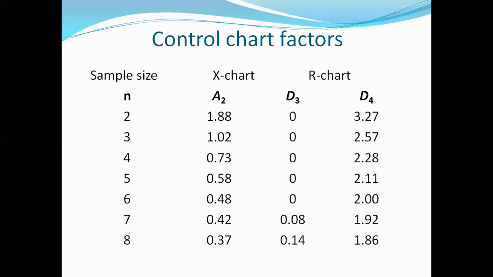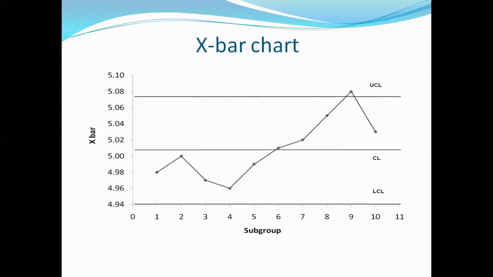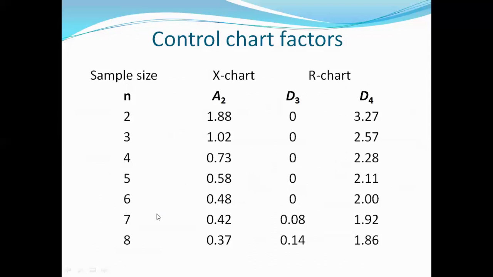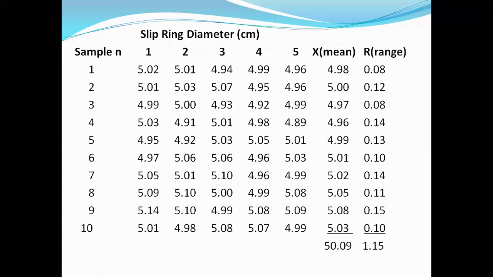Now we generally go for the plotting of the X bar chart. How do you plot the X bar chart? Here on the Y axis you just plot the X bar. Here you just plot the subgroup values. So the sample group is 10, and how do you calculate the X bar? Now see the subgroup value of 1. What is the subgroup? Subgroup value 1 is this, and what is the x1 bar value? 4.98.